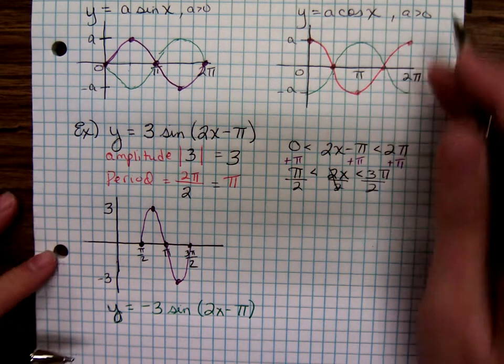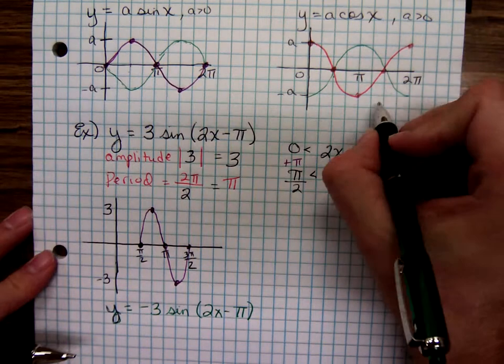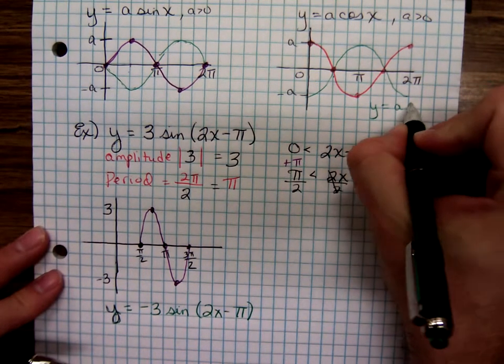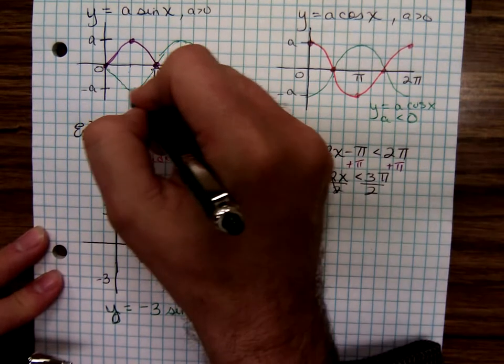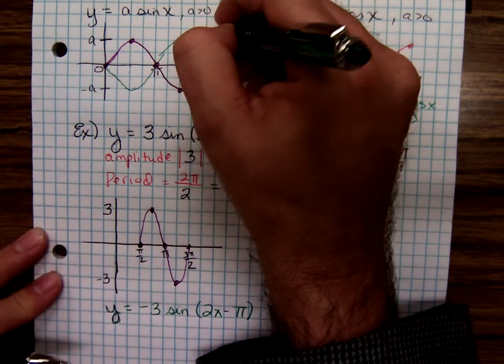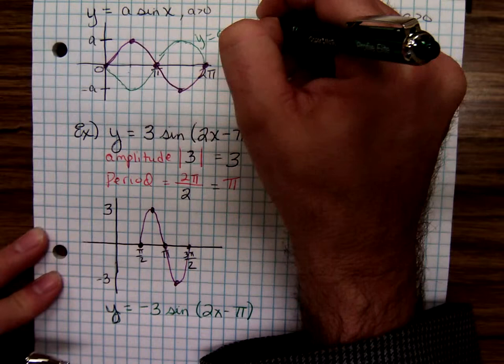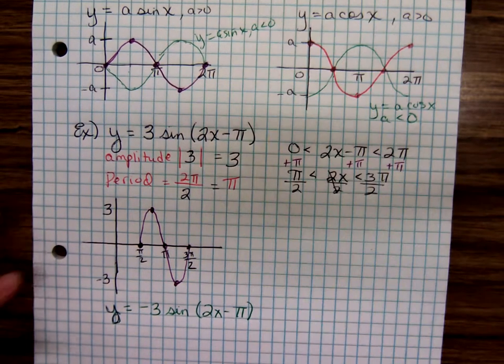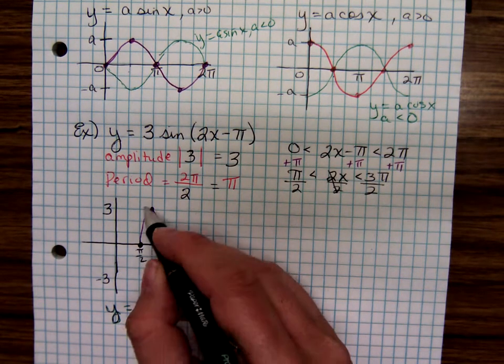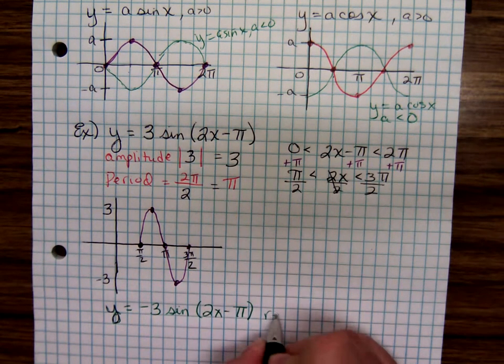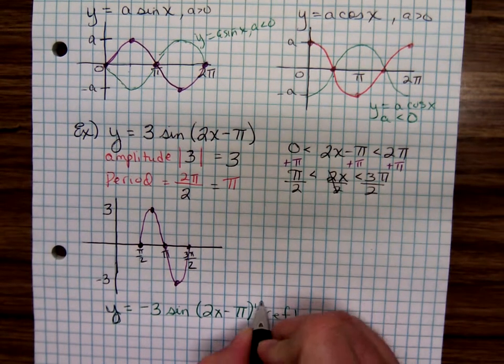So the green graph that I just drew in is y equals A cosine x, where A is negative. And right here, this one was y equals A sine x, where A is negative.